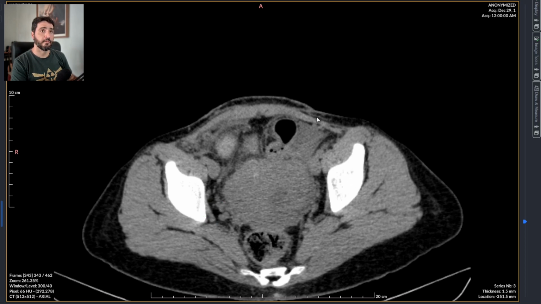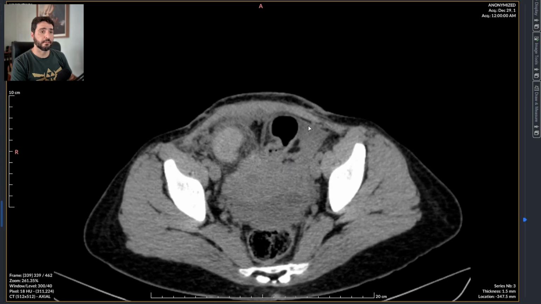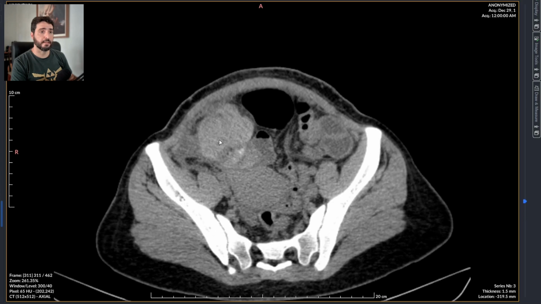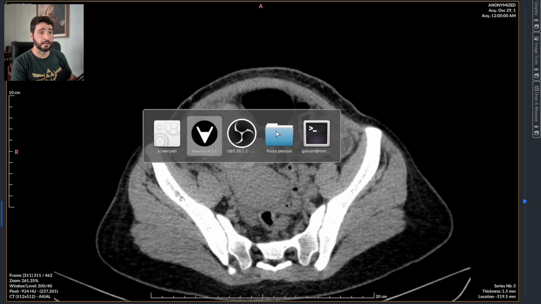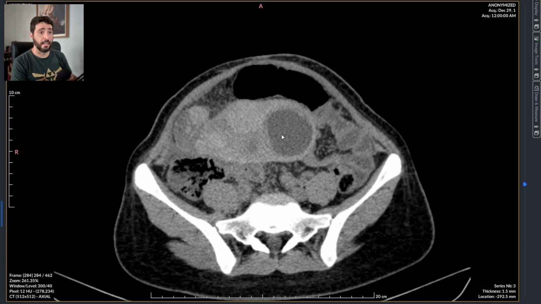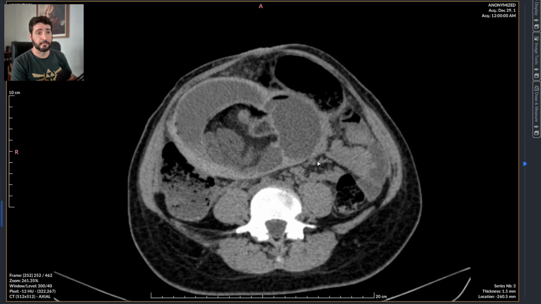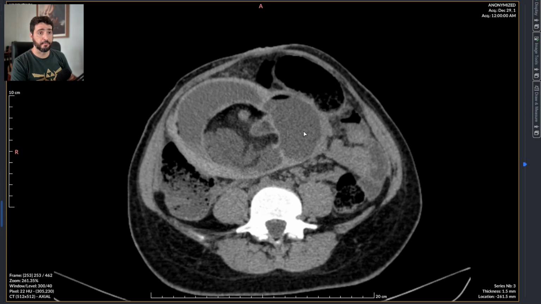And right above the uterus to the right, we can see this densified region right here, which is odd by itself, shouldn't be here. This is really odd. And up from there, cranial to there, we see this very, very large mass occupying a very significant portion of the abdominal cavity.